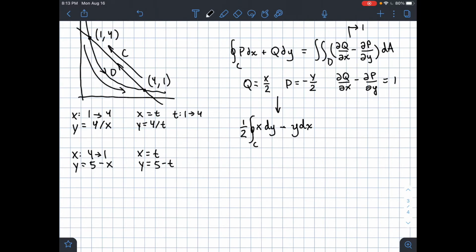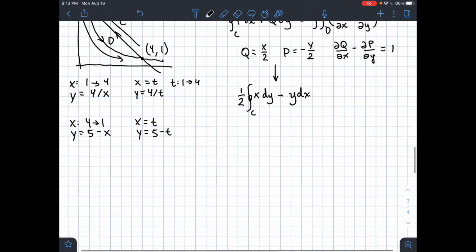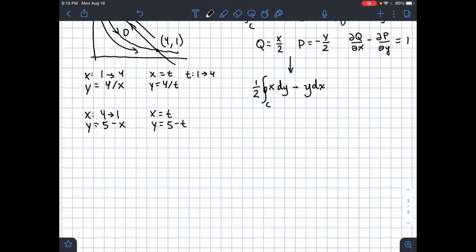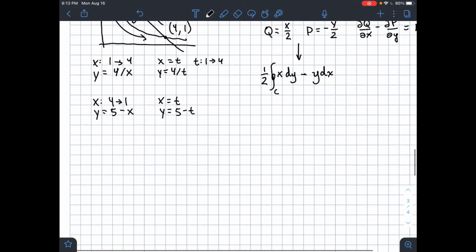All I did was substitute Q and P in the expression for Green's theorem. And now that we parameterized both segments of the curve, we are ready to integrate.